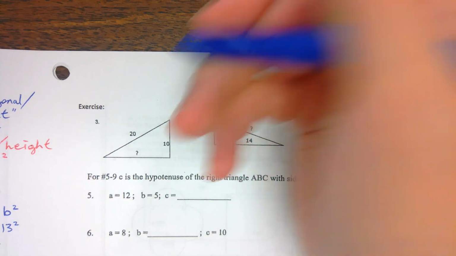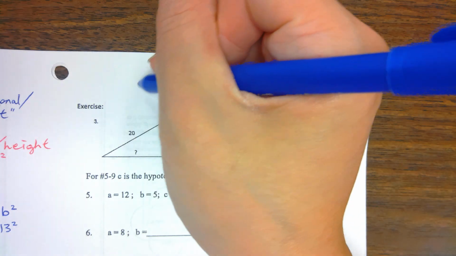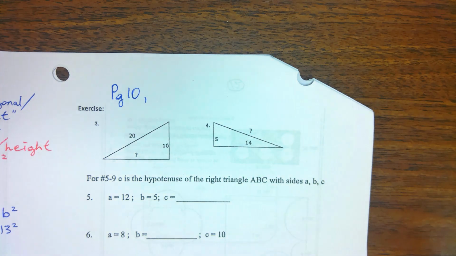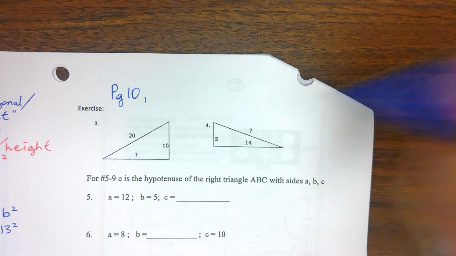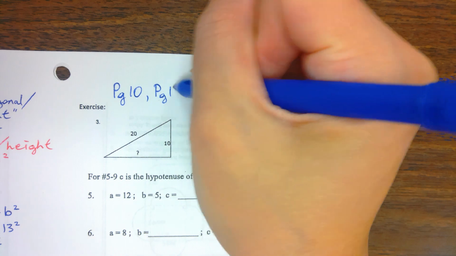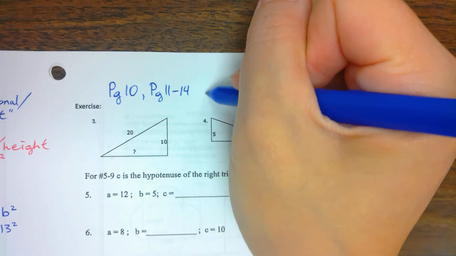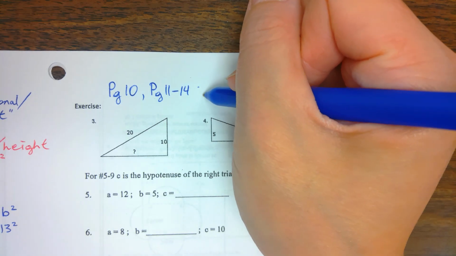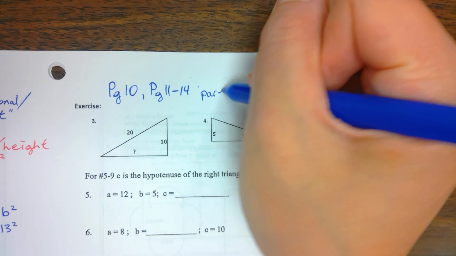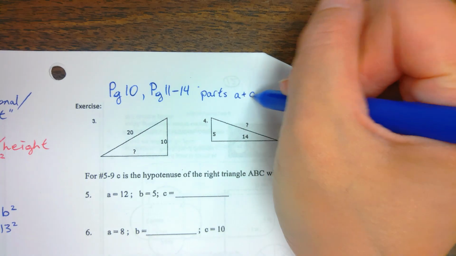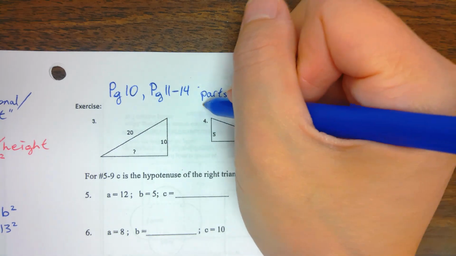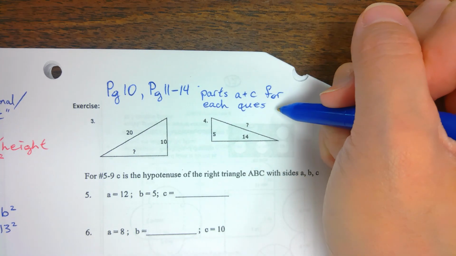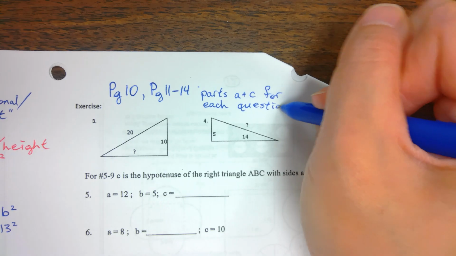For homework, I want you to do page 10. All of page 10 is on Pythagorean theorem, and then for pages 11 to 14, just do parts A and C for each question, because if I just assign pages 10 to 14, that's a lot of questions.